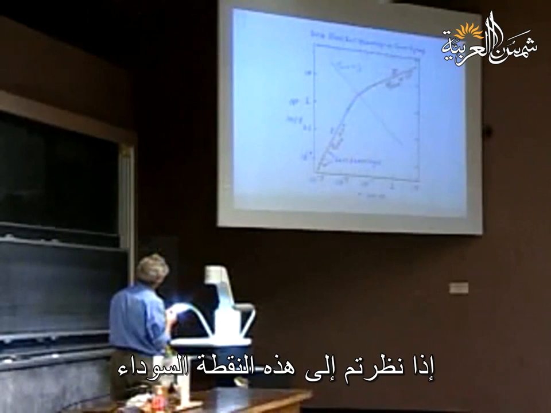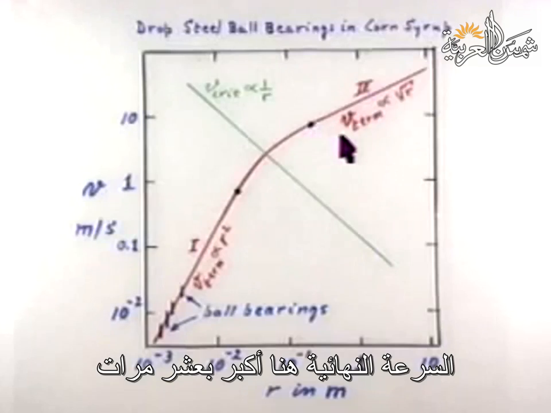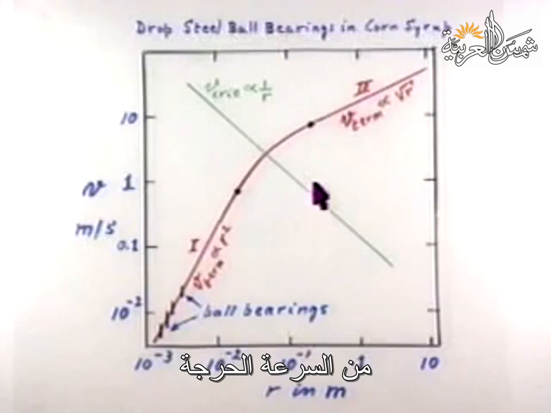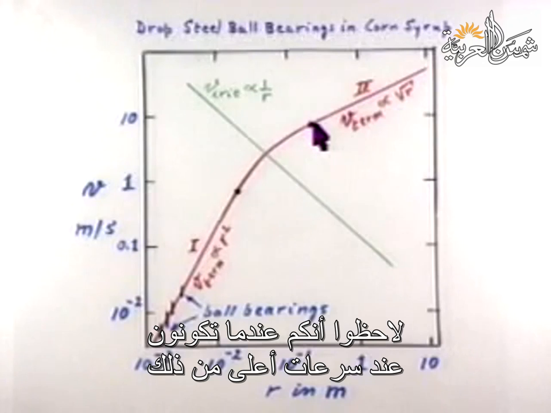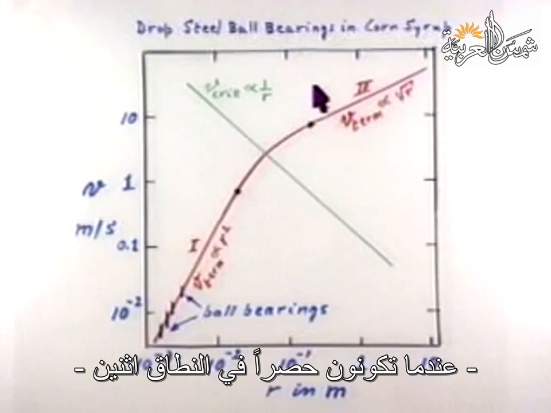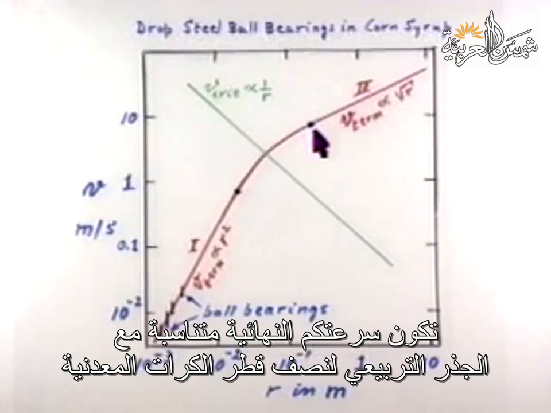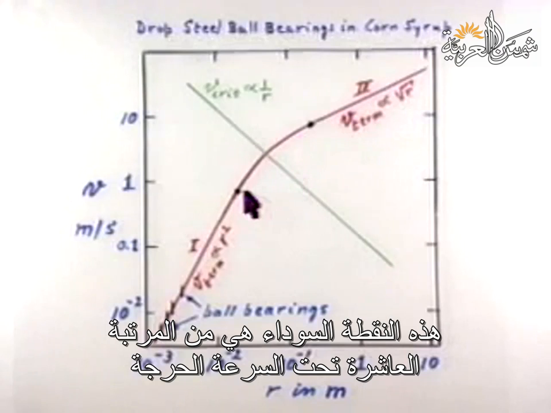If you look at this black dot here, then the terminal speed is 10 times larger here than the critical speed. And so notice that when you are at speeds above that, you are exclusively in domain 2, and your terminal speed is proportional to the square root of the radius of the ball bearings. This black dot is a factor of 10 below the critical speed.